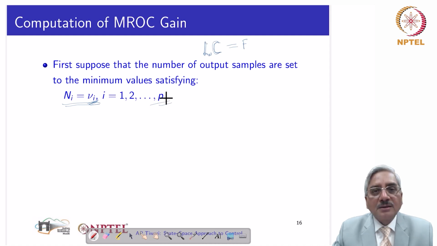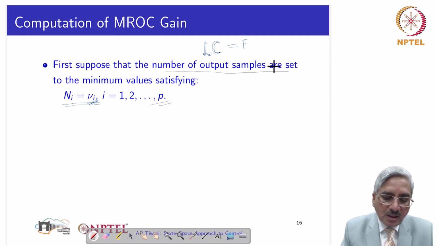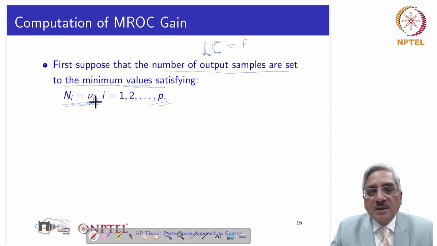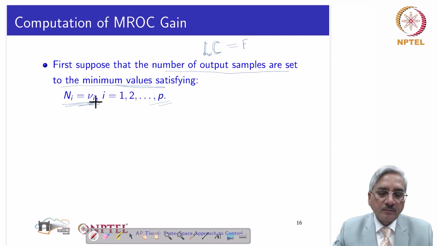This we are assuming, that is the first situation. Number of output samples are exactly equal to the minimum value satisfying N1 equal to observability index of output 1, N2 equal to observability index of output 2, and so on.